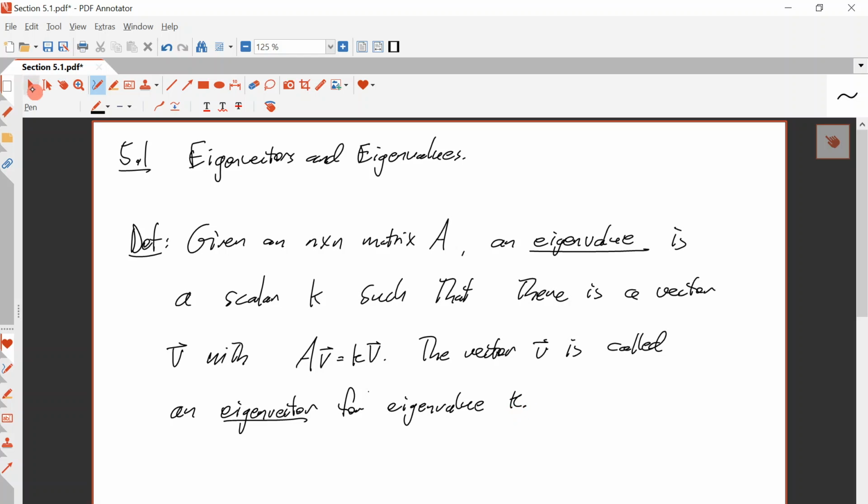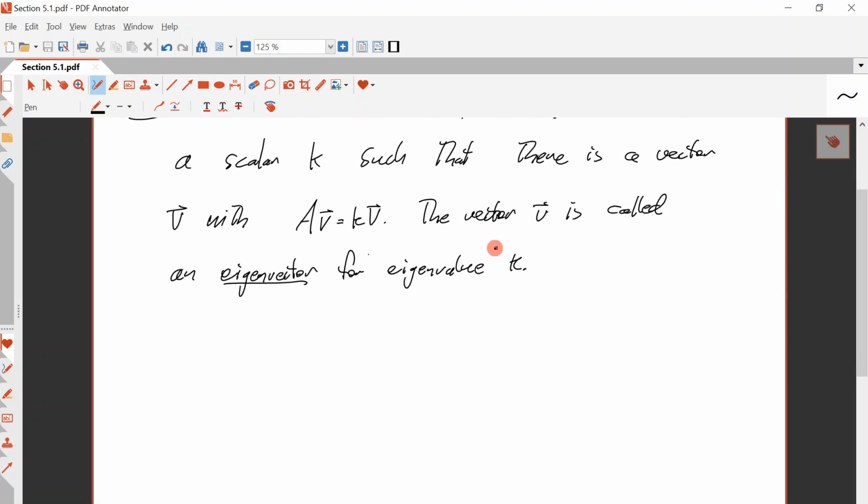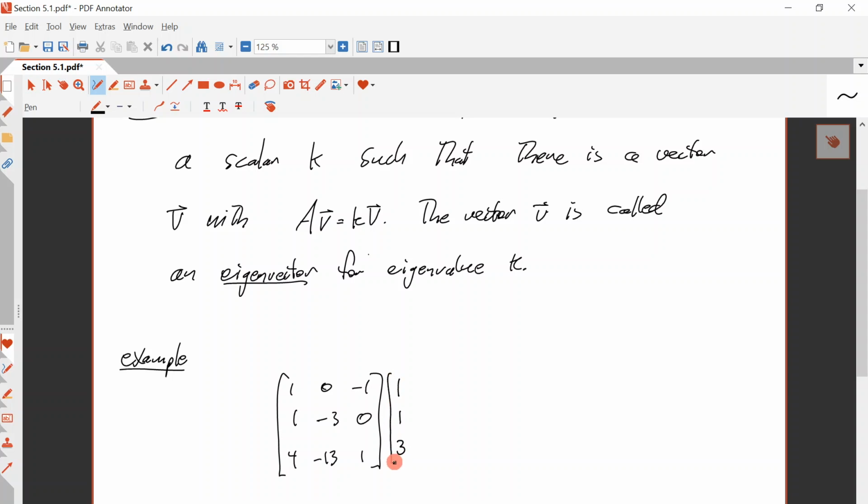Okay, so for example, if I take this matrix, 1, 0, minus 1, 1, minus 3, 0, 4, negative 13, 1, and I multiply by 1, 1, 3, well, let's see what we get.